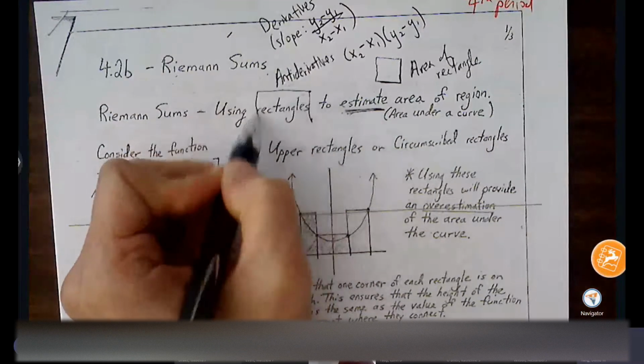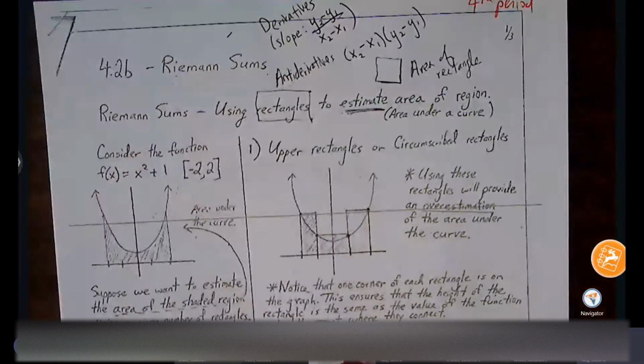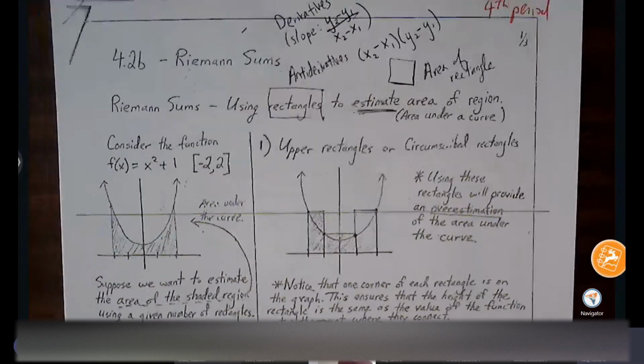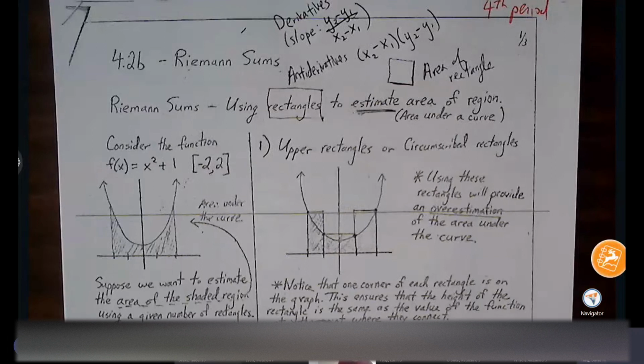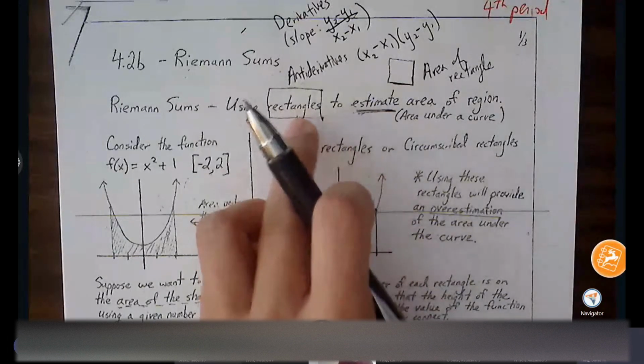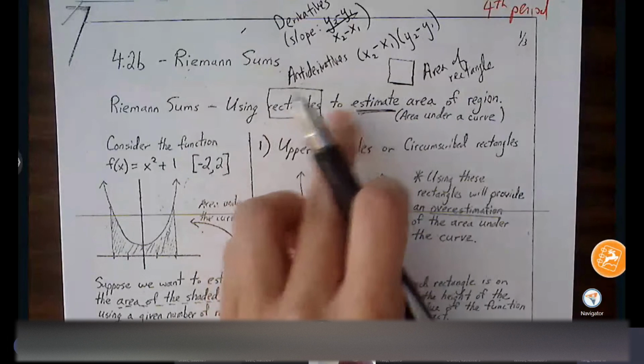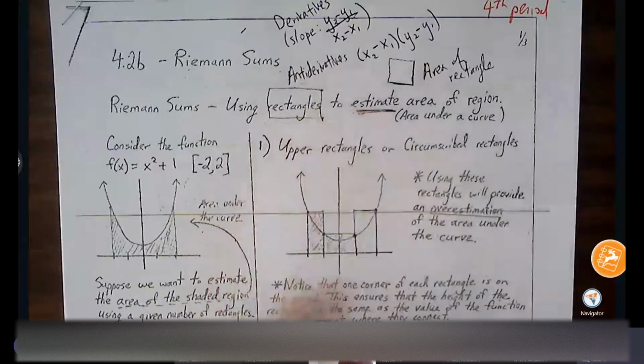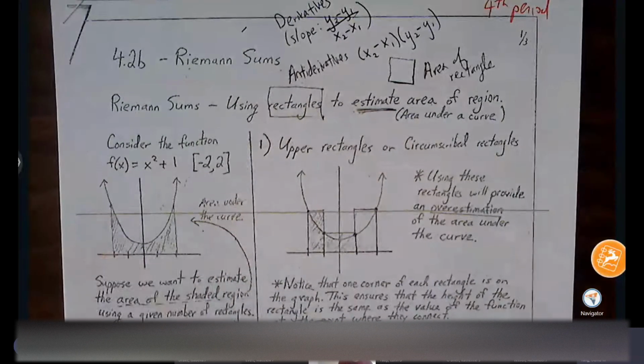So we're going to start off showing the different ways that we can estimate an area of a region using rectangles. And there are different ways that we can draw these rectangles. So that's what we're going to be doing today. But eventually tomorrow, we're going to see that bridge of connecting rectangles to moving from estimation to exact area.